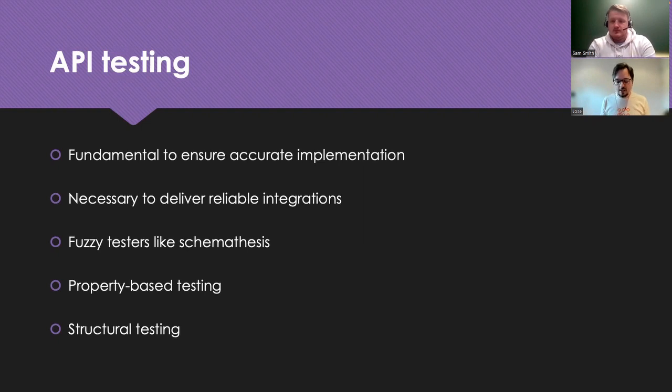The basic idea is we feed an API specification into Schemathesis, and then Schemathesis looks at the spec. It understands what the requirements of the API are, and based on that, it creates a ton of valid and invalid test cases, sends them to the API, and depending on how the API responds, because Schemathesis knows what the expected response is, it tells us whether the API is correctly implemented or not.